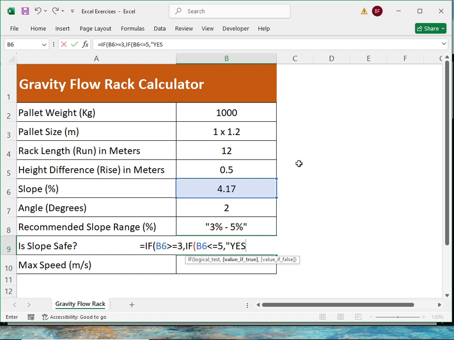It would be safe: the slope is safe for the pallet running across the gravity flow rack, or dynamic rack. That is the value if true, and the value if false is too steep.